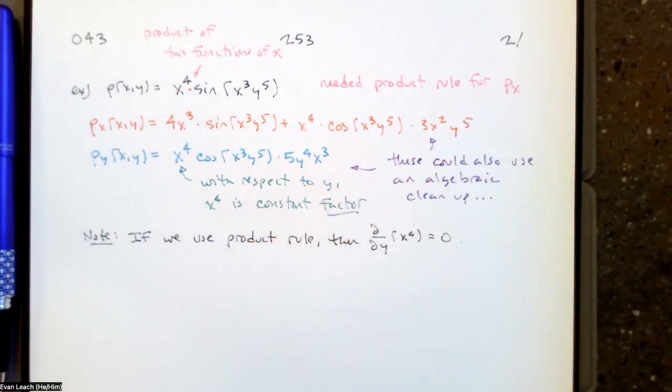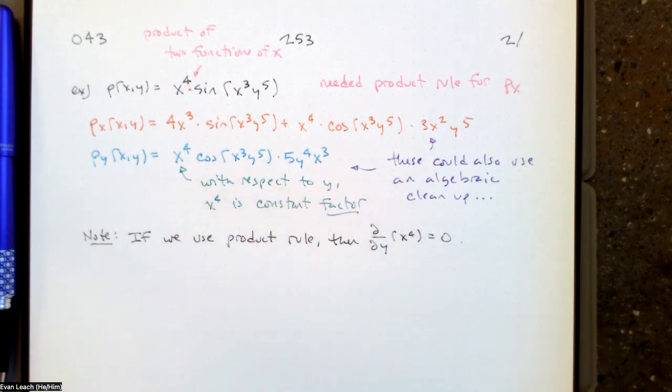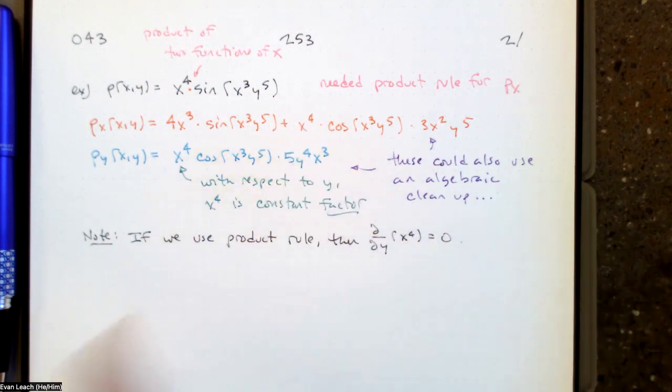Our two first partials could also use an algebraic cleanup, but I didn't. Like I've got factors of x over here and factors of x way over here. I've got my coefficient monomial sitting over here at the end. If we start getting sloppy with our parentheses, and all this goes into the parentheses, and it's just. Whoa.